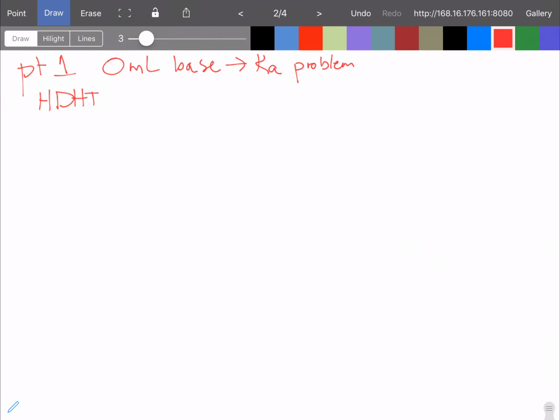All right, so here we go. We know it's a weak acid, so it's going to go to H plus and DHT minus. So a simple ICE table.